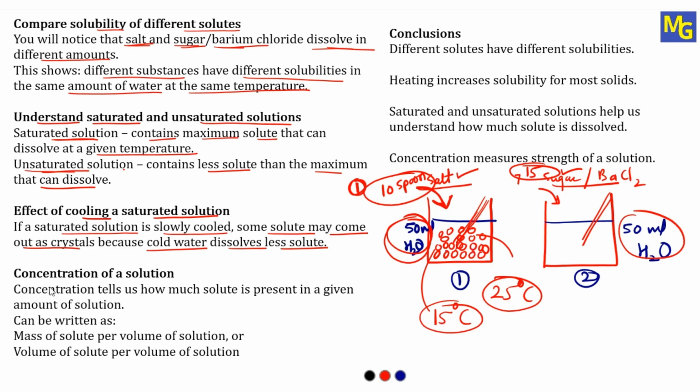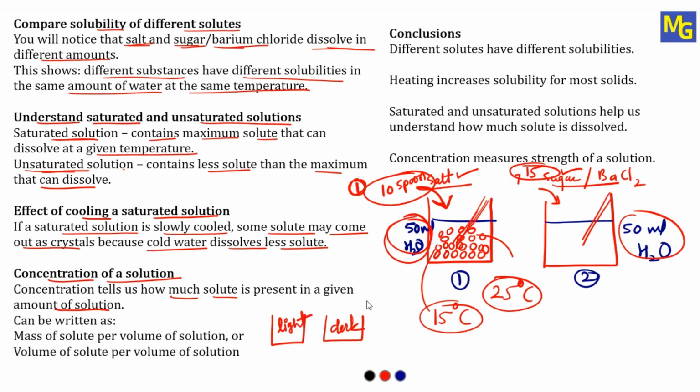Next one is concentration of a solution. Concentration tells us how much solute is present in a given solution. If you have two beakers, and here it is a dark color and here it is a light color, what do you mean by this?